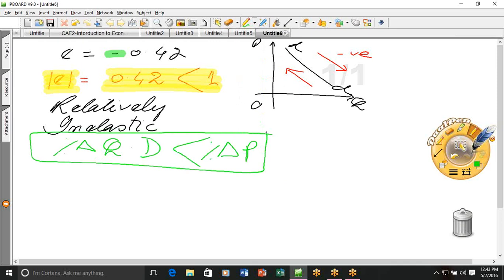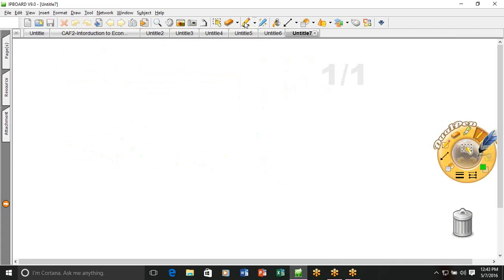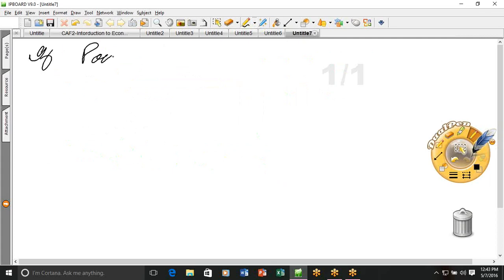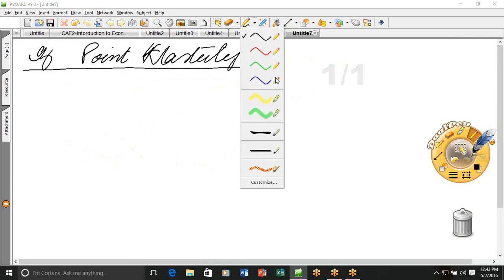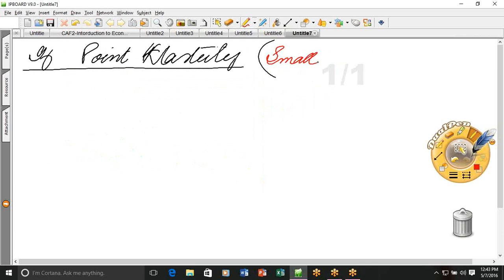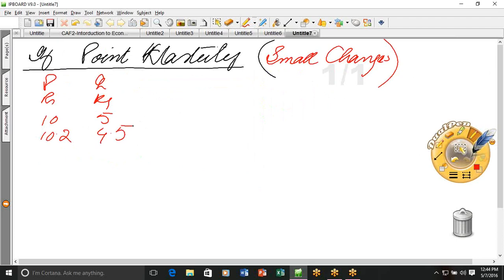राइट एक छोटी सी हम कैलकुलेशन और करके देख लेते हैं. If point elasticity हो, so small changes, very small changes between elasticity and demand and price, like price is rupees 10 to 10.2 and quantity is 5 to 4.5.